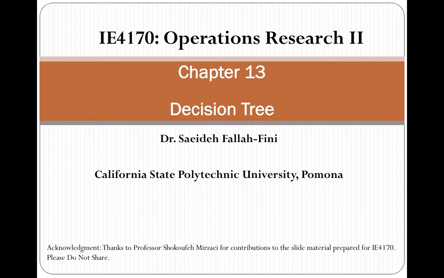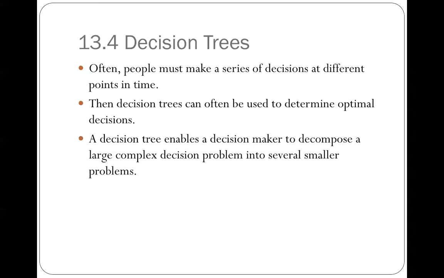In this video, I'm going to talk about decision trees and how they can be used in complex decision making. We all may have been in situations where we need to make a series of decisions at different points in time, where the effects of every decision affect the future decisions we have to make.